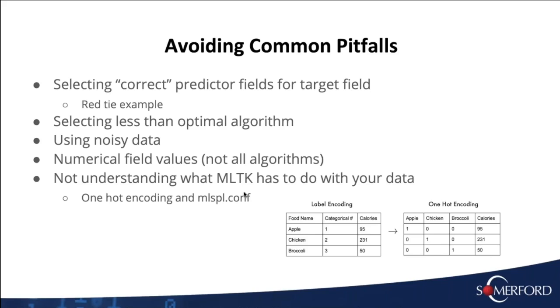And then not understanding what MLTK does with data. This is a bit more in depth than I want to go into today, but I want to touch on it. When you provide data to the machine learning toolkit, it has to look at that data, and it looks at how many events that you pass in have a null value in a given field, and then it might drop some of that, depending on which algorithm, and it mostly applies to the application of something called one-hot encoding.